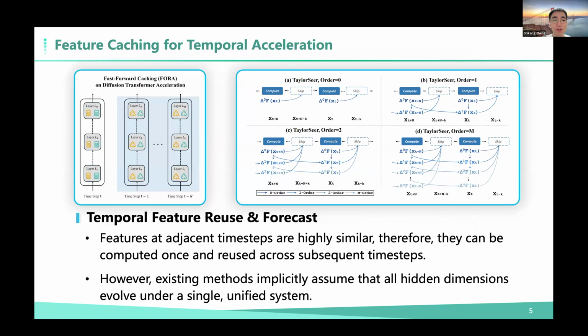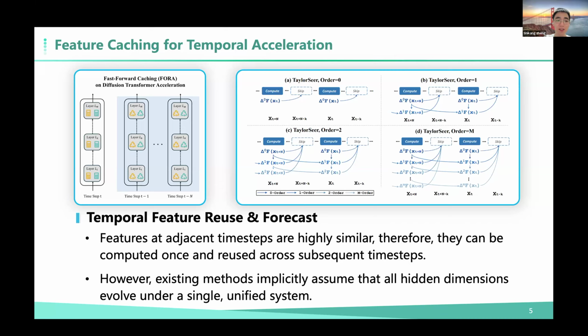This results in two classical types of feature caching: feature reuse and feature forecast. FasterCache first put forward the feature reuse pipeline, where we do not compute the whole 50 steps of the diffusion model.